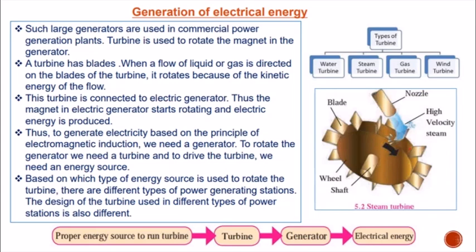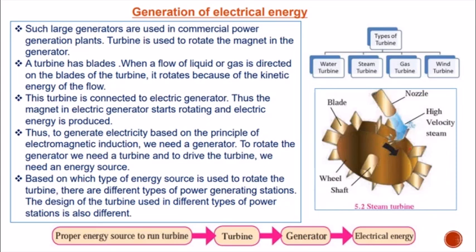For this we use turbines. The turbines can be moved with water, steam, gas or wind. The turbine has blades, and when a huge amount of liquid or gas is put on those blades through the nozzle, the blades start to rotate because of the kinetic energy.